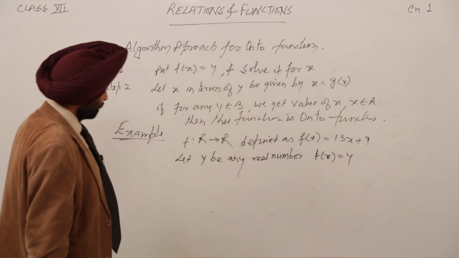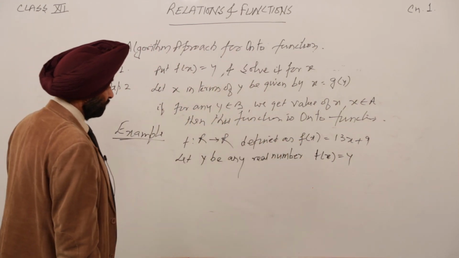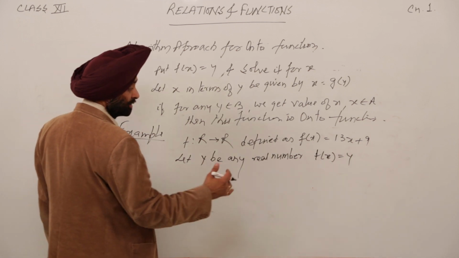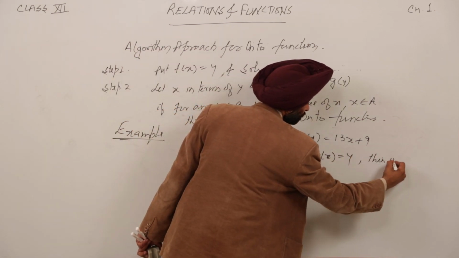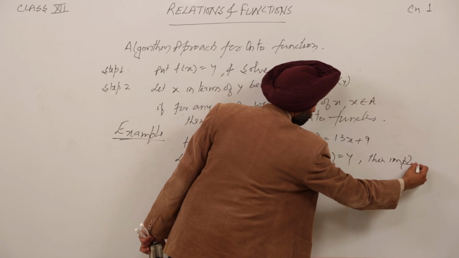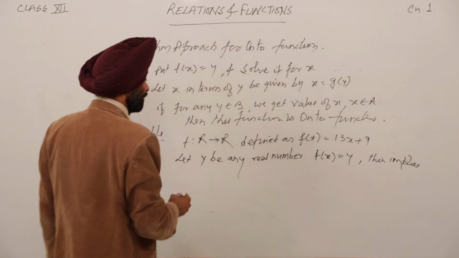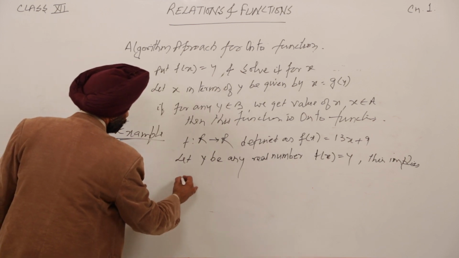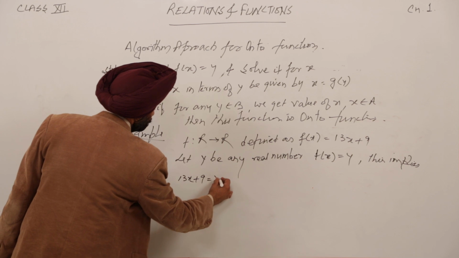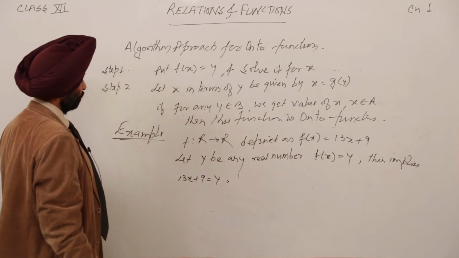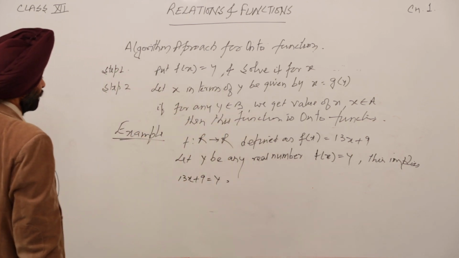You can check it. Let y be any real number where f(x) is equal to y, and what does this imply? This implies 13x plus 9 is equal to y.